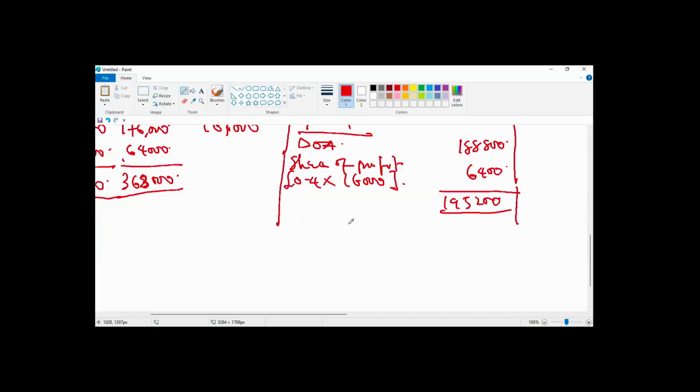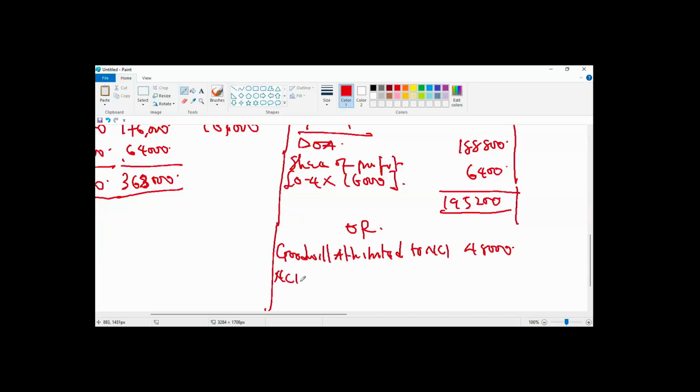195,200. Because I understand very well, goodwill at NCI value at DOC will be the goodwill attributed to NCI, which is 48,000, plus NCI percentage of the net asset at DOC. I want to know the fair value of NCI at DOC, not our option.